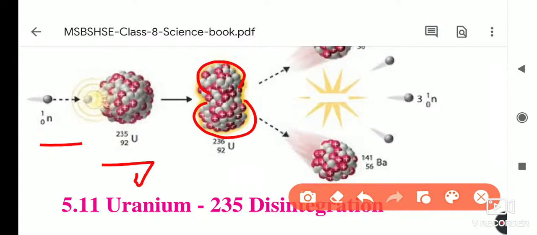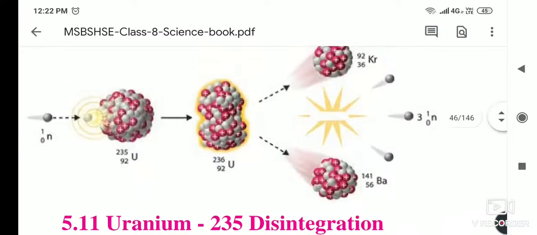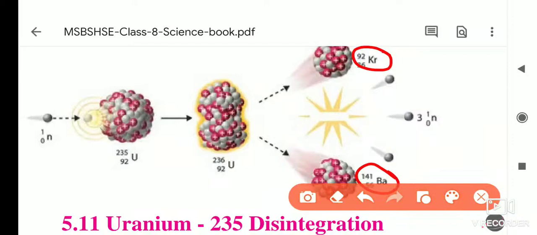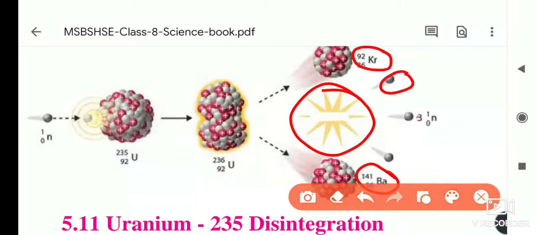In the nuclear fission it produces two elements, krypton-92 and barium-141, and with this heat is also produced, and 3 neutrons are formed. Okay, this is the chemical reaction.